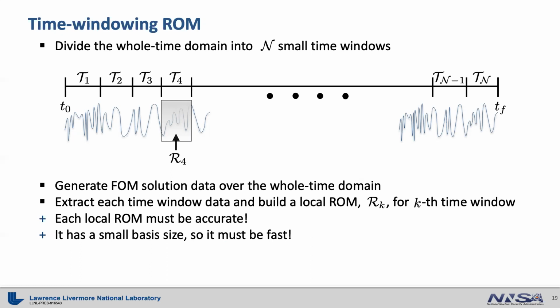It's the parametric ROM approach, like a global ROM approach, where you train each of the local ROMs. We rely on collecting the data from the monolithic time-marching flow model, right?